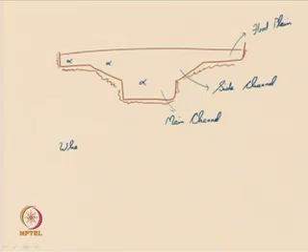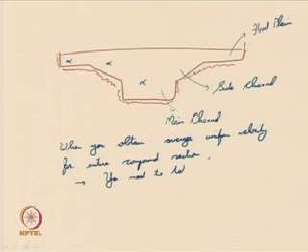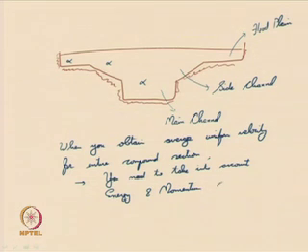So, when you obtain the average uniform velocity for the entire compound section, you need to take into account energy and momentum corrections.